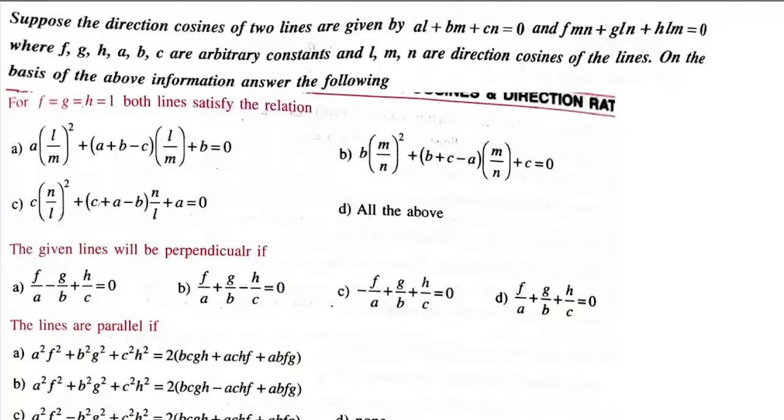Now the question is, suppose the direction cosines of two lines are given by al plus bm plus cn equals 0 and fmn plus gln plus hlm equals 0, where f, g, h, a, b, c are arbitrary constants and l, m and n are direction cosines of the lines. Then solve the following questions. Now what we'll do is, from here we'll calculate this n, and we'll write this n as minus al plus bm upon c, and we'll put it in this second equation.